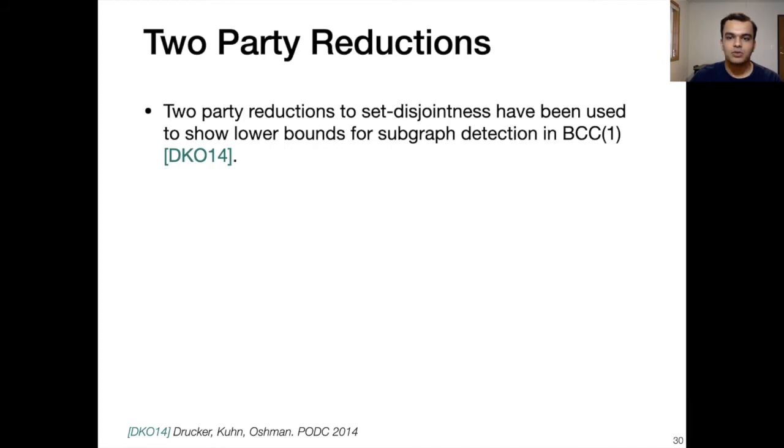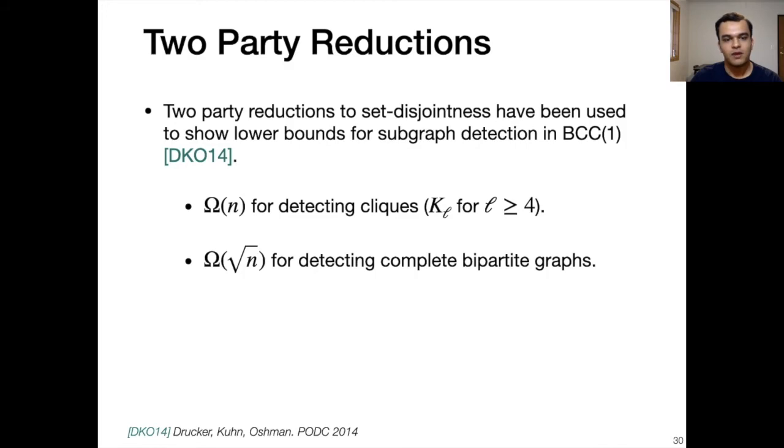Two-party reductions to set disjointness have been used to show lower bounds for subgraph detection in the BCC1 model by Drucker, Kuhn, and Oshman. These include omega n lower bounds for detecting cliques of size greater than 4 and omega square root n lower bound for detecting complete bipartite graphs.